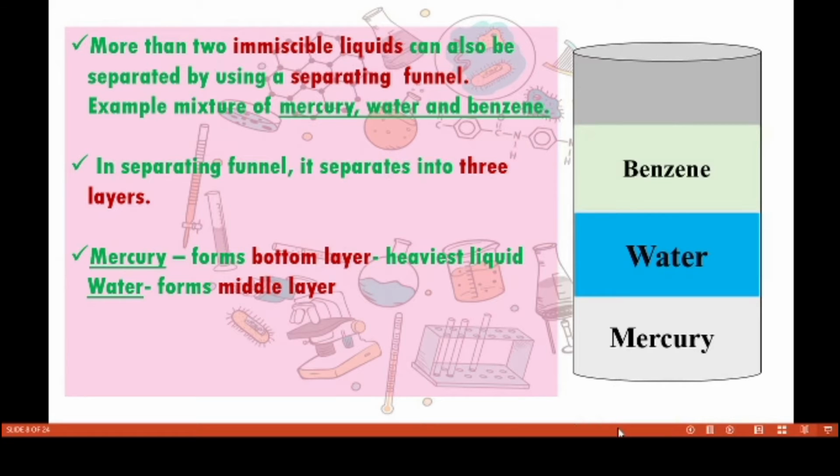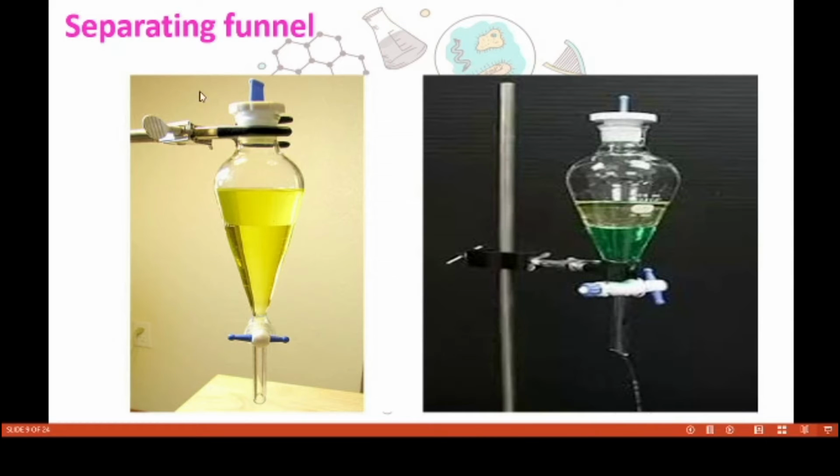Mercury, being the heaviest liquid, forms the bottom layer, water forms the middle layer, and benzene, being the lightest, forms the top layer. This is the separating funnel.